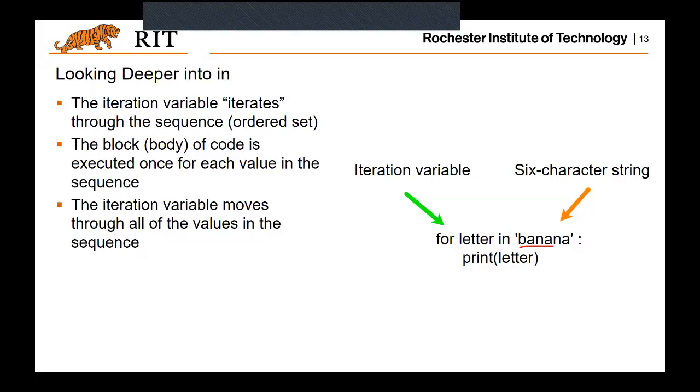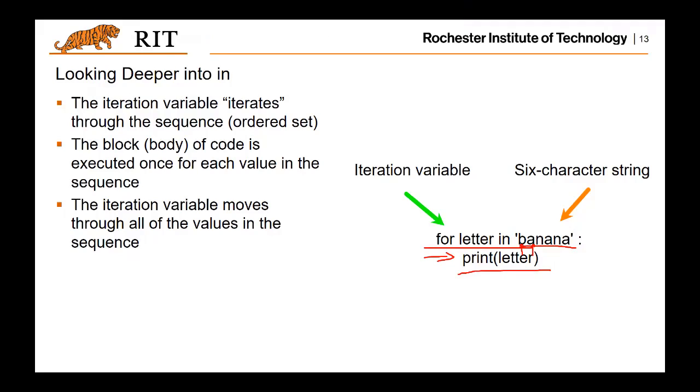So for example, in this banana, once you write this for loop, every time inside the loop, the iteration variable will start from the first character over here and move to the next one for each iteration. For each of these characters, you could do something, make some calculation, or remember how many times it appears, and so on and so forth. And that's how it works.